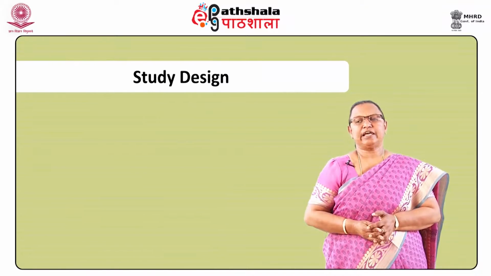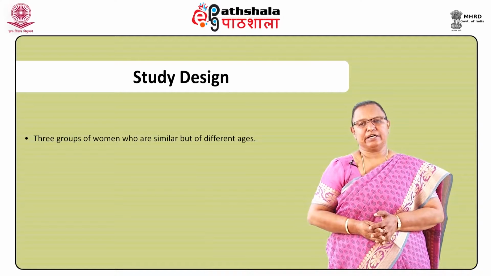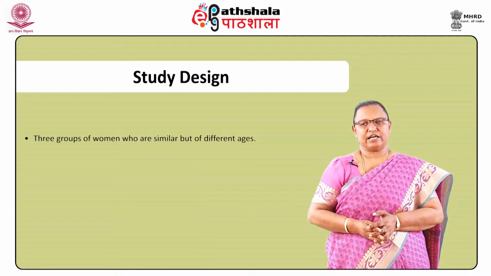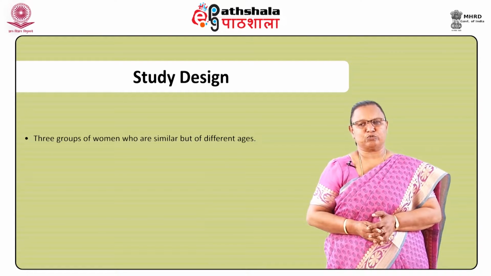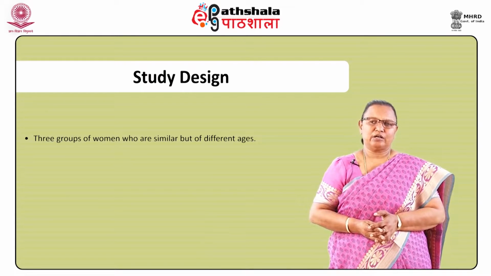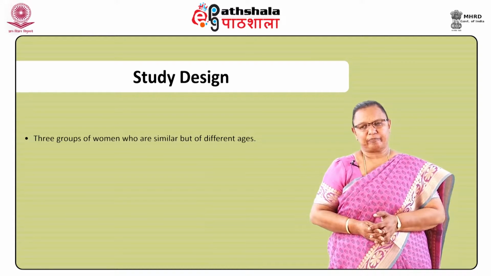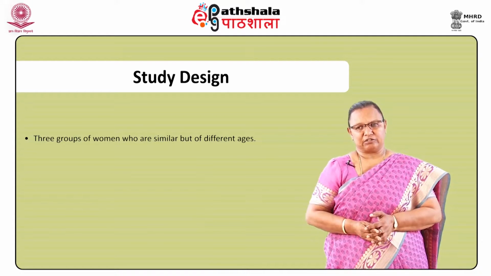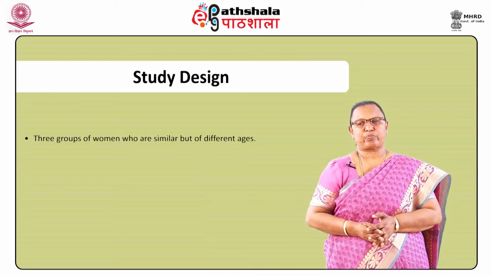So, in this research design, we would take three groups of women who are similar in various aspects but different only in their age group. You can take women in a particular community in the reproductive age and carry out this investigation.